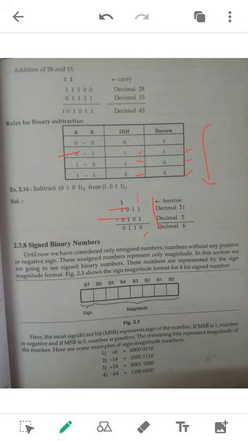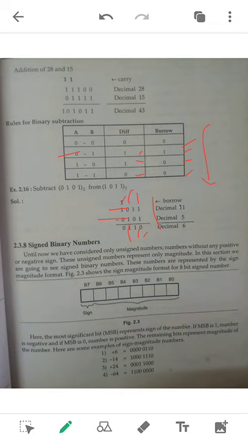Then you have to subtract 1 minus 0. So after 1 minus 0, you are getting the difference 1 and the borrow is 0. Okay. Then third step 0 minus 1. So after 0 minus 1, you are getting the difference 1 and the borrow is 1 here. The borrow is 1.